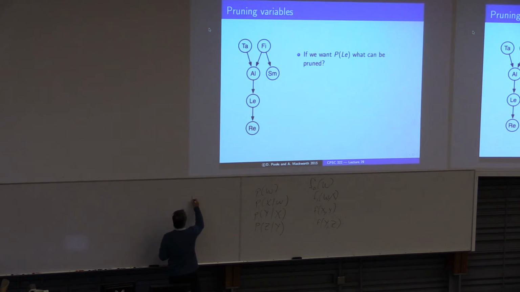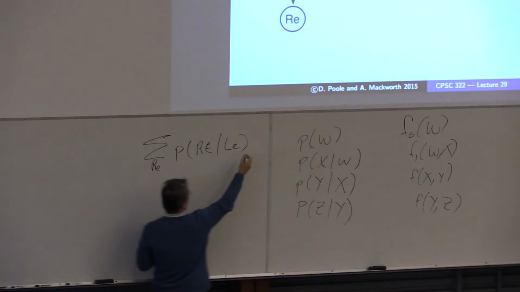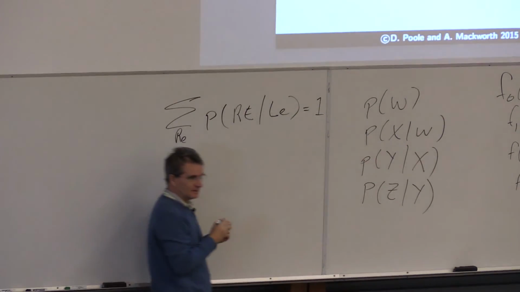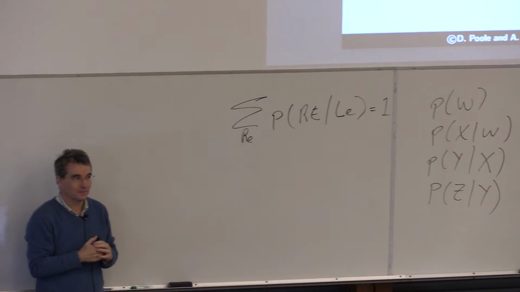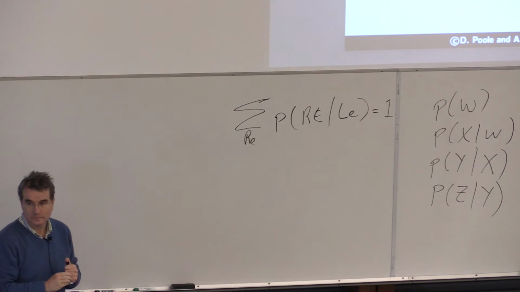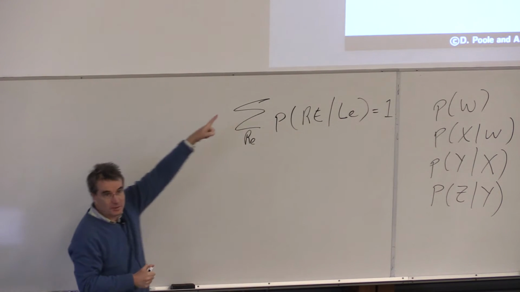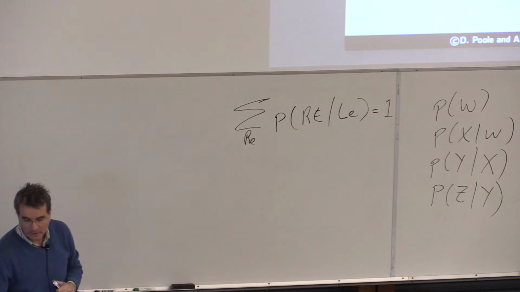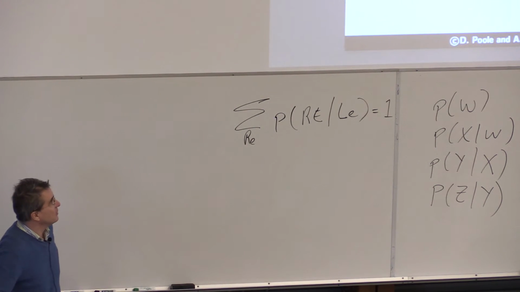Yes, if you get the probability of RE given leaving, and you sum out RE, you get 1 everywhere. What else can you remove? Smoke. You can also remove smoke.